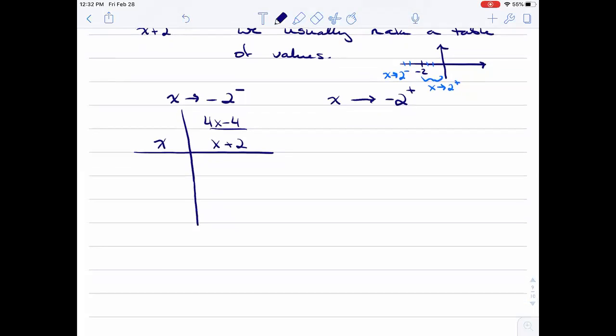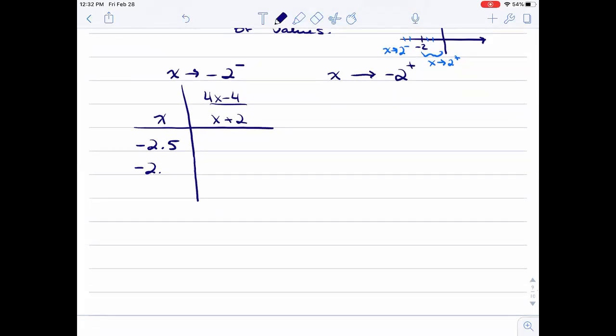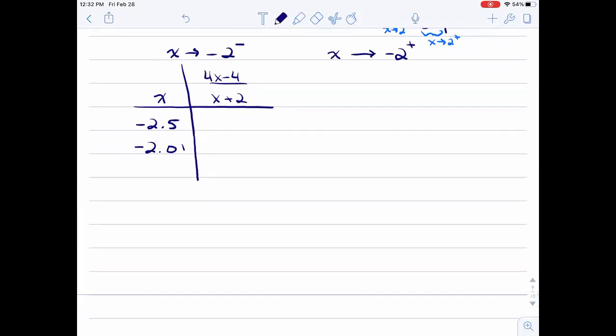Well, if I'm approaching -2 from the left, I can do things like -2.5, -0.05, or even closer, right? Maybe let's go closer. Let's do -2.01, only because I don't want to be doing a ton. -2.001.